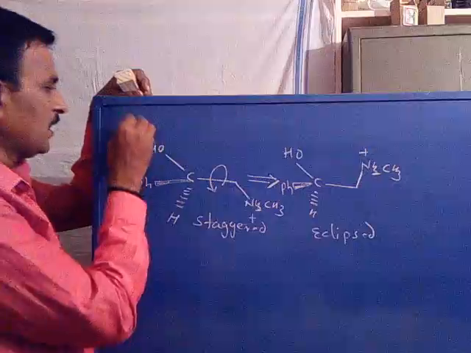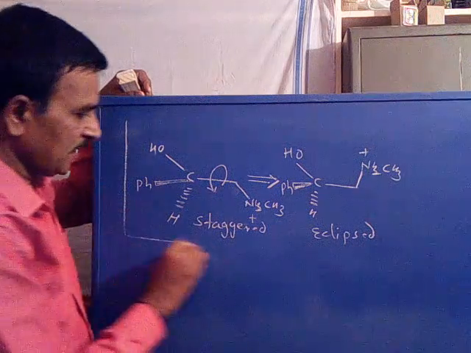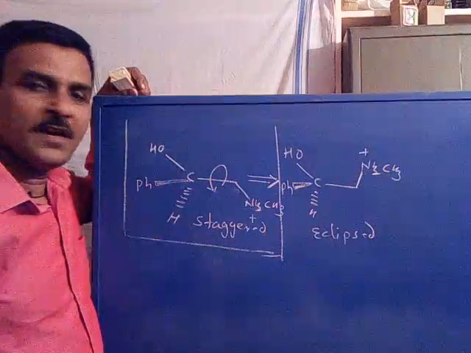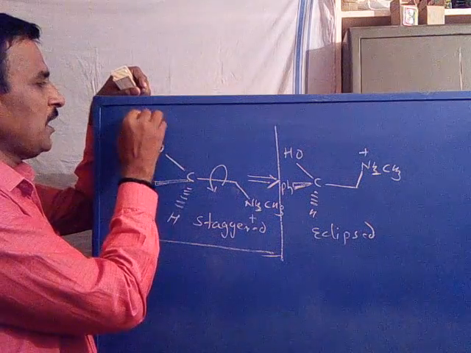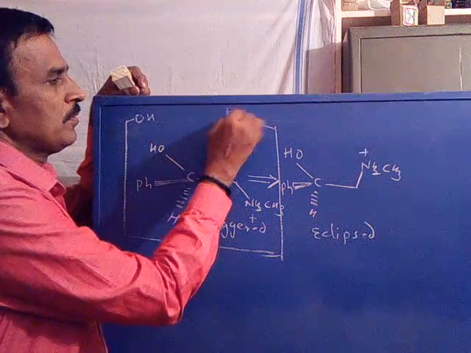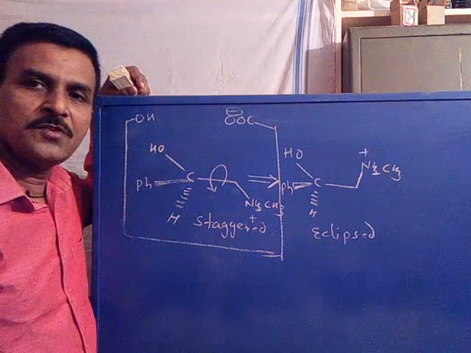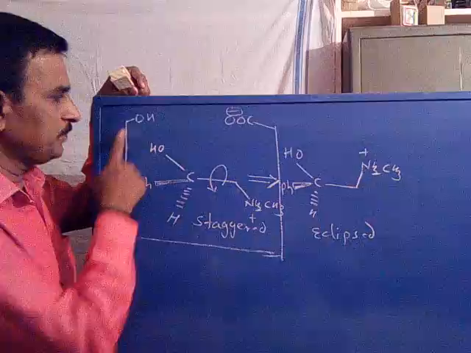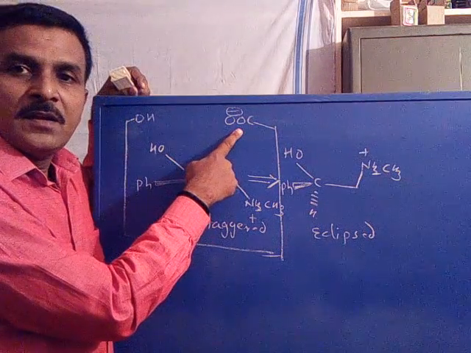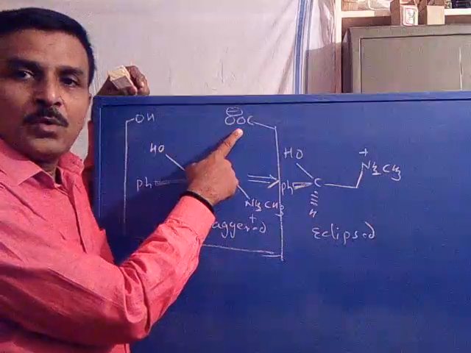Now in the staggered conformation, say this is the target, which consists of an OH group and a COO minus group.